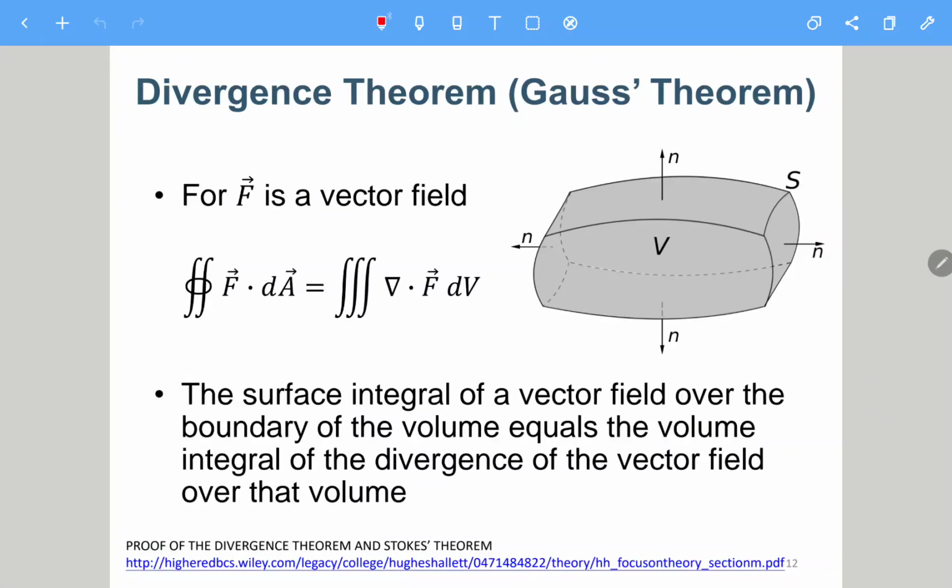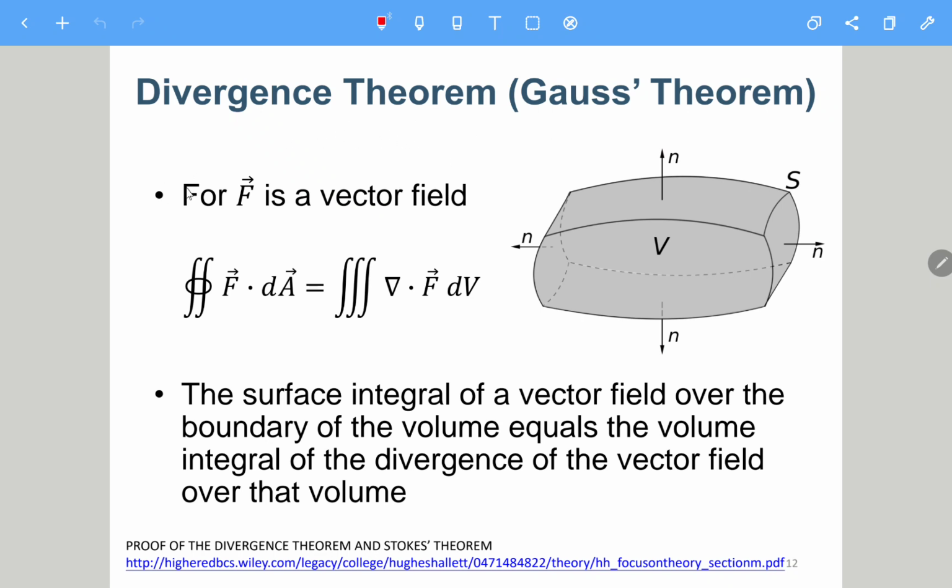Okay, so having this fundamental knowledge, we can try to talk about some more mathematics. This is the so-called Divergence Theorem, or we can also call it the Gauss Theorem.